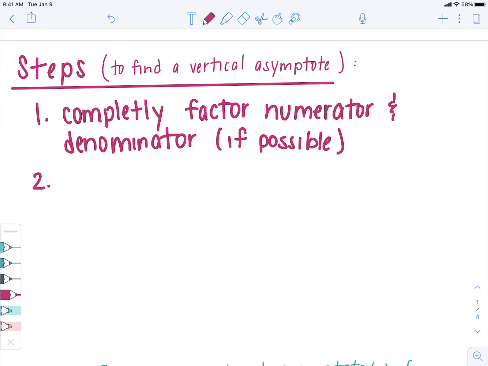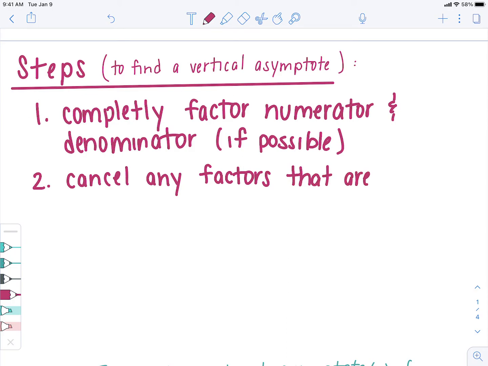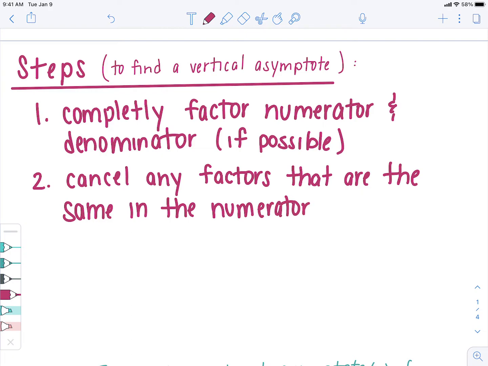So then step 2 will be cancel any factors that are the same in the numerator and denominator.